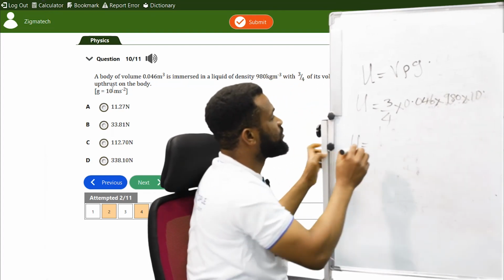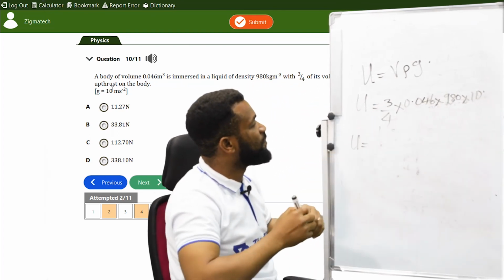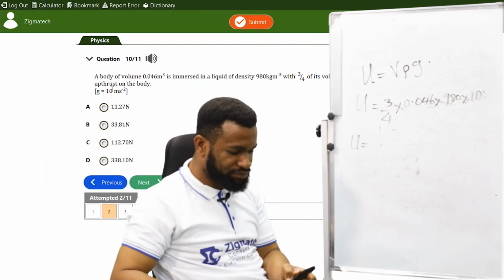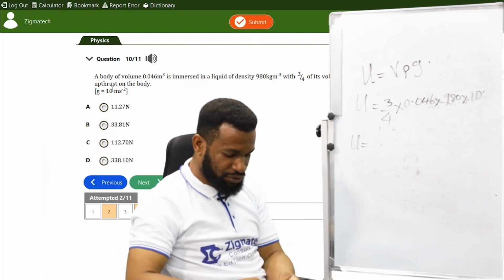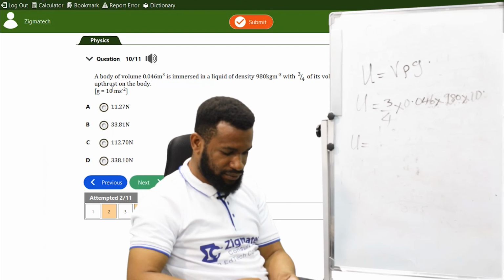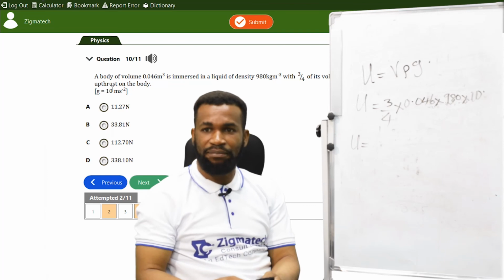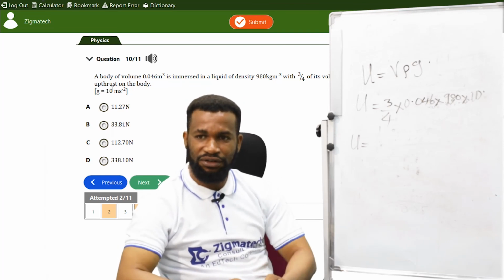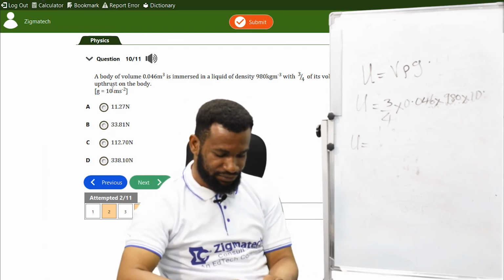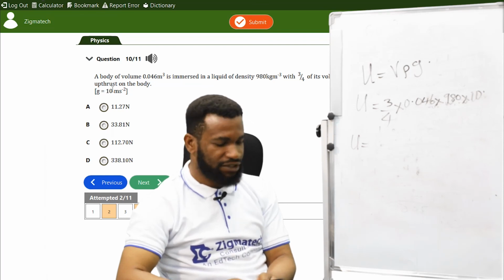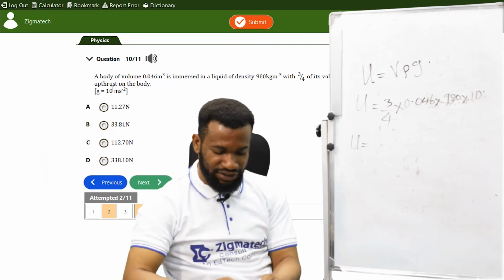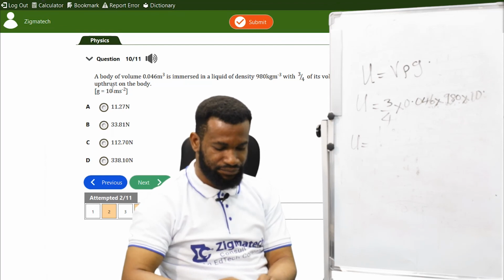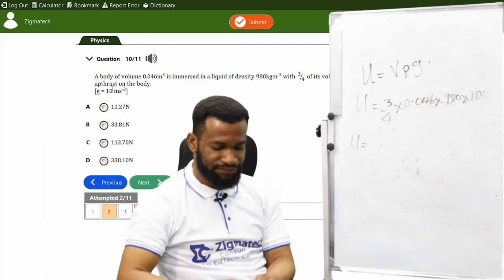So U is going to be 3/4, which is 0.75, multiplied by 0.046, then multiplied by 980, then multiplied by 10.